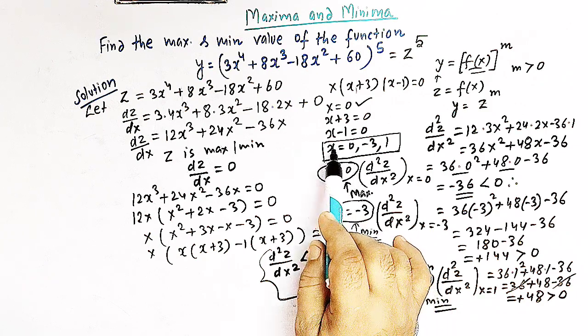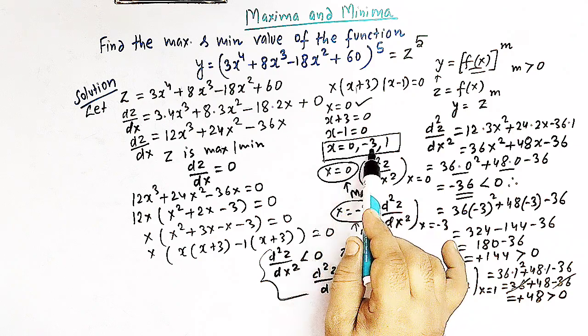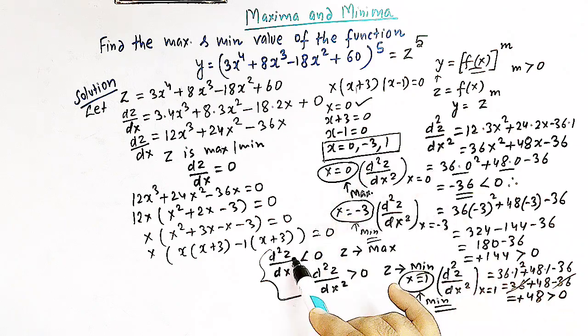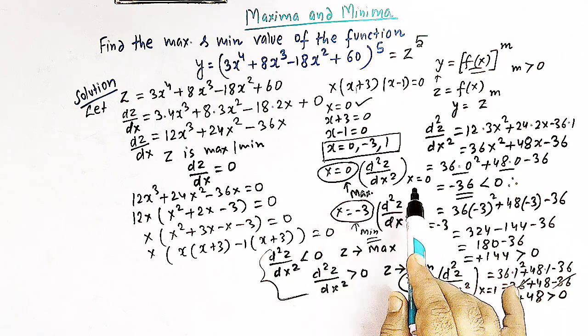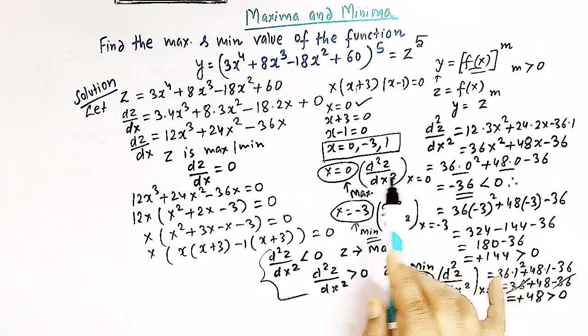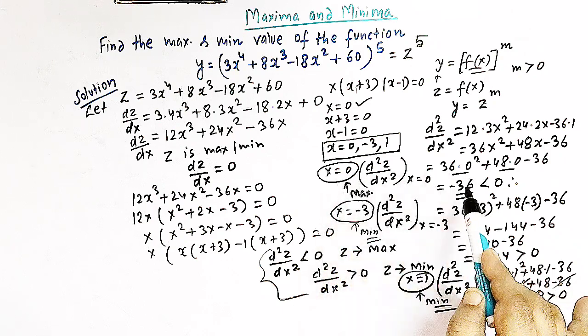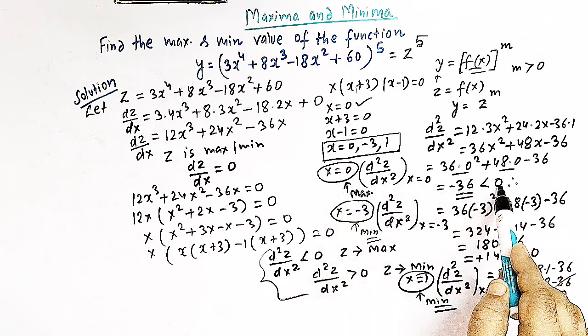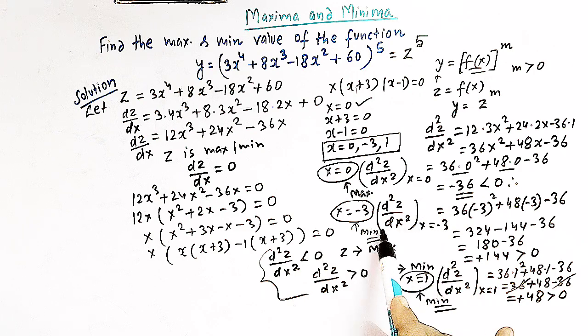So here we have 3 points, 0, minus 3 and 1, and from the second derivative test we have seen that x is equal to 0 is a point of maxima, because the second derivative is less than 0, and the points x is equal to minus 3 and 1 are points of minima, because the second derivative at these points is positive, that is greater than 0.